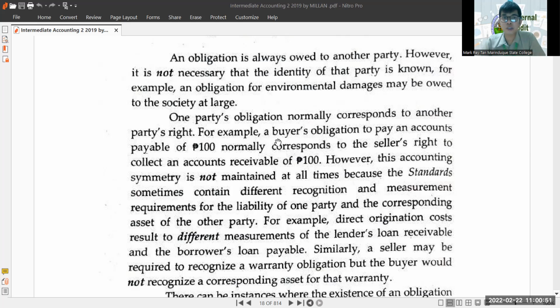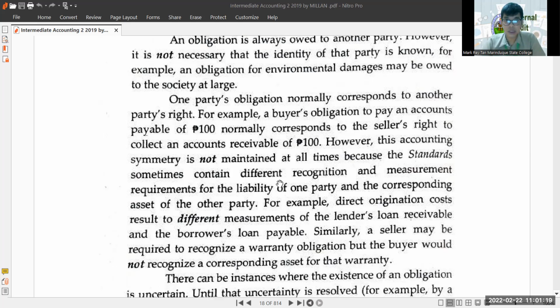Sa point of view ni creditor, right naman niya yun. No? So, for example, a buyer's obligation to pay an accounts payable of 100. So, normally, itong 100 pesos na to, this is an obligation of the buyer to pay. On the other hand, sa seller naman is right naman niya to collect that 100 pesos. Okay?